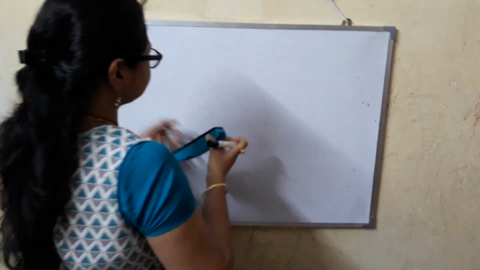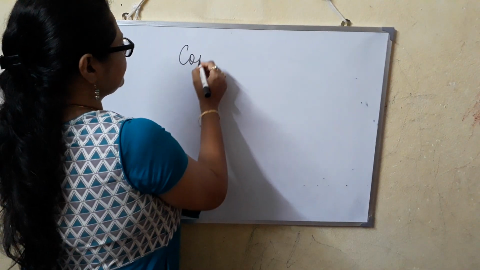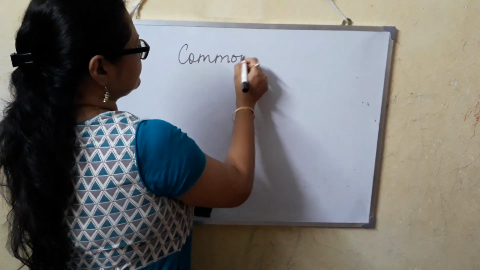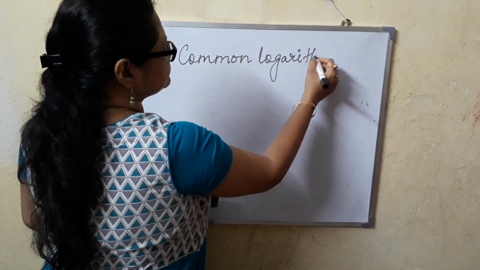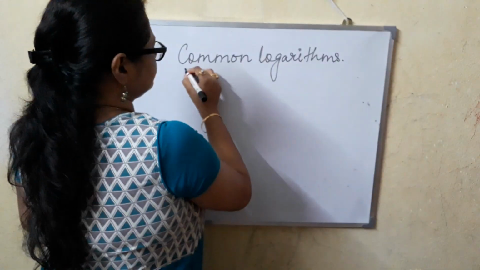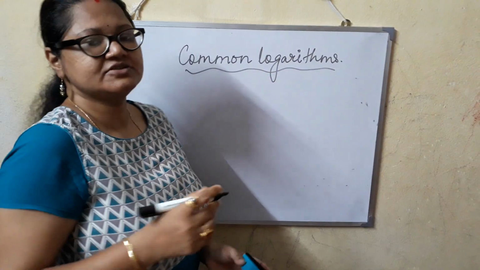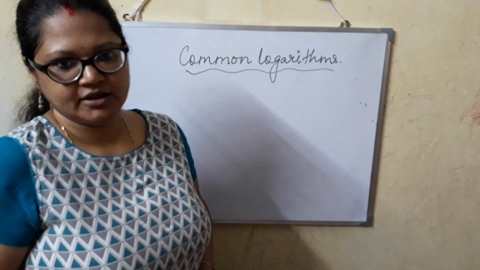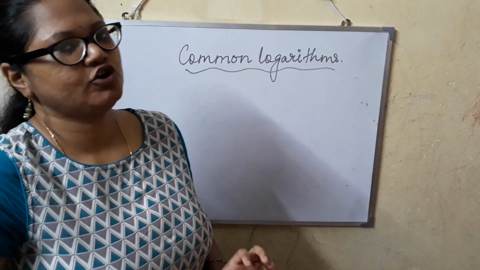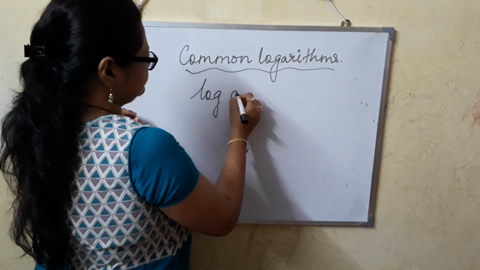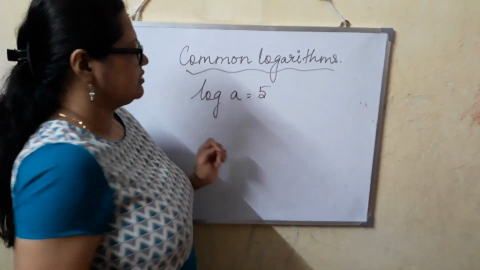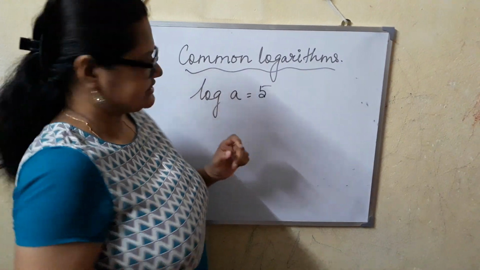Next one, common logarithms. Common logarithms are those logarithms whose base is always 10. We need not write the base for common logarithms, like say this is the thing which is given to us.